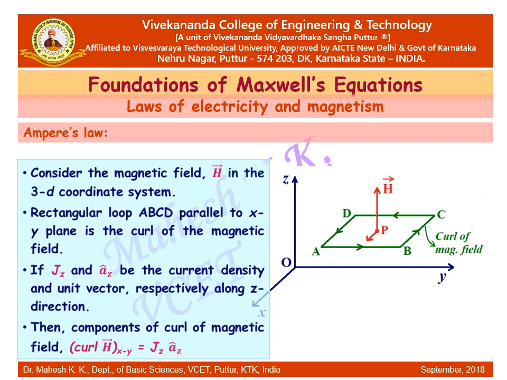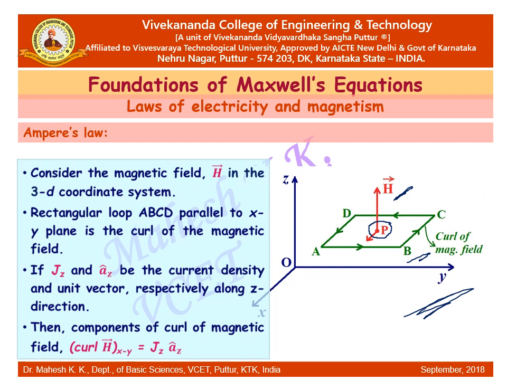Now, let us consider this coordinate system, and consider the magnetic field H vector in the three-dimensional coordinate system emerging from the point P. Let us imagine a rectangular loop ABCD parallel to the XY plane.